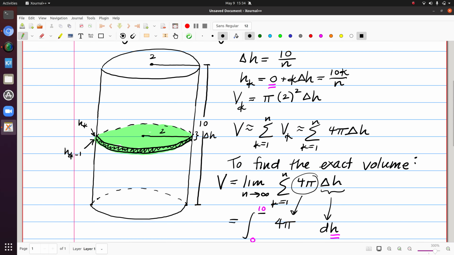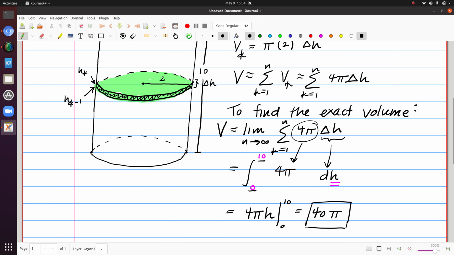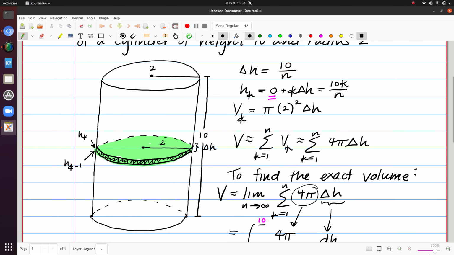So there is one simplifying factor in here that maybe makes this look like overkill for what we've done. And that's the idea that as the height varies, the slice does not change, right? Every single slice was exactly the same shape. They all were cylinders of height delta h and base radius 2. You'll see as we start to look at different original shapes that that's not always the case, that the slices can change as you move the integration variable around.